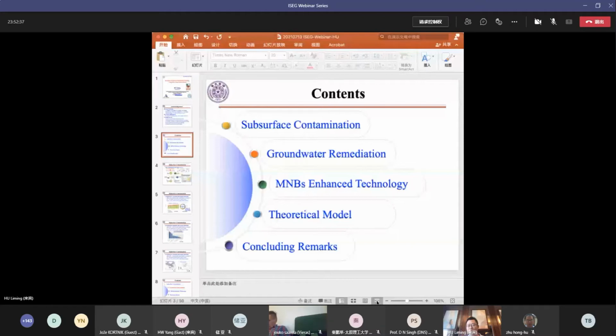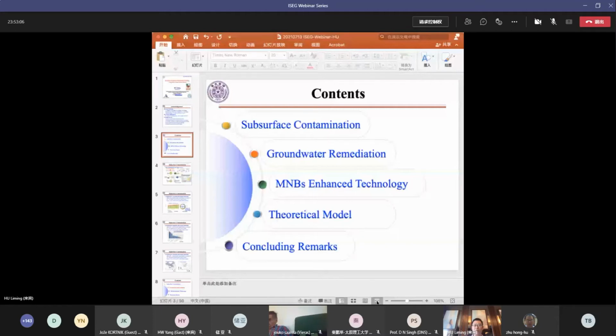Geoenvironmental engineering started in the 1970s, and now it's very popular in China, since we have a lot of land and groundwater contaminated by all different kinds of chemical contaminants.